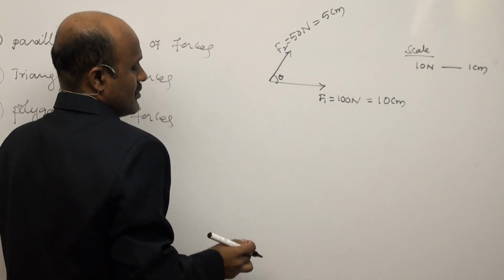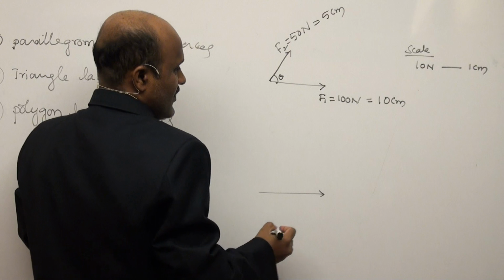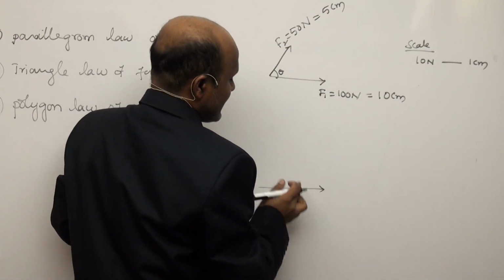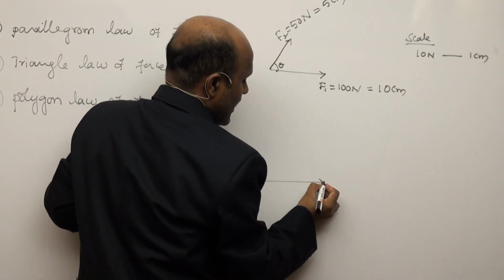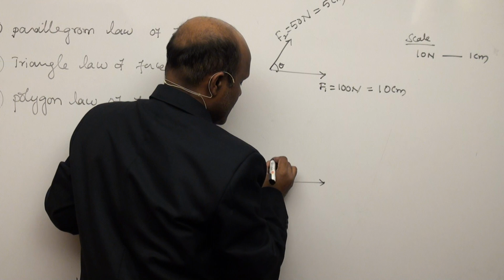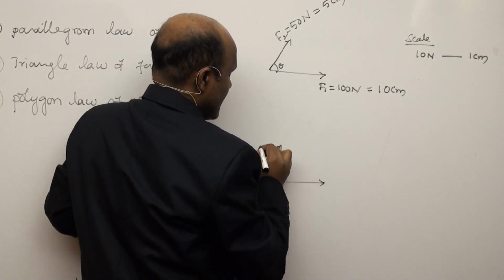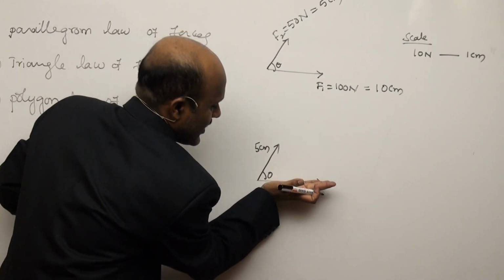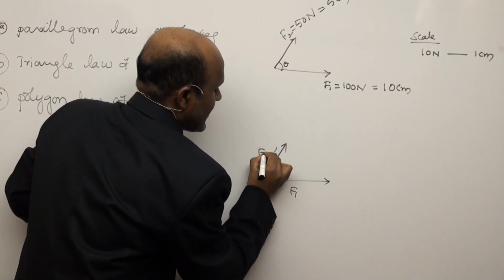First of all, draw a line of 10 centimeters. Again, here mark the angle theta and draw the 5 centimeters line. Suppose this is the F1 force and this is F2.